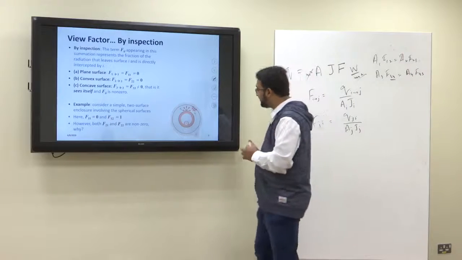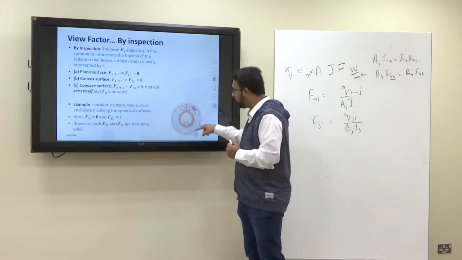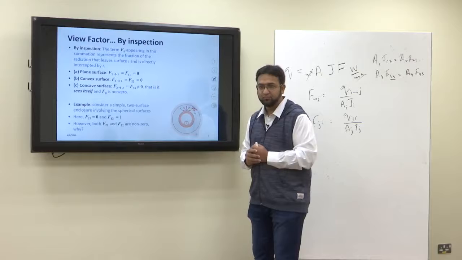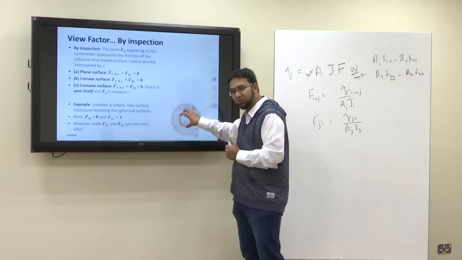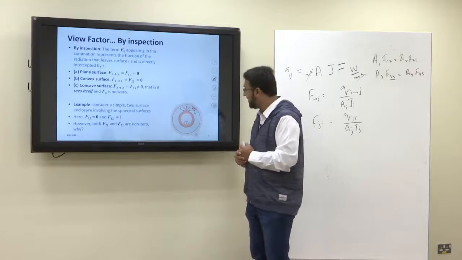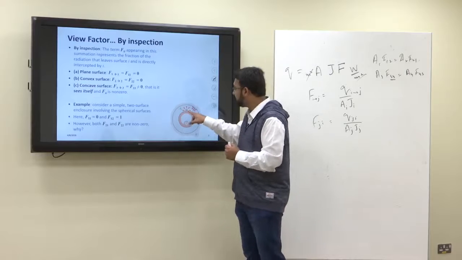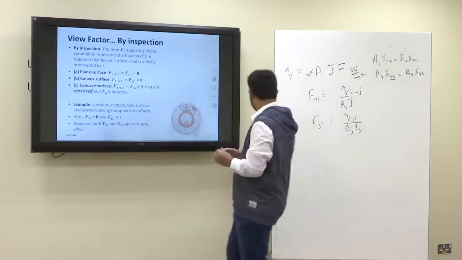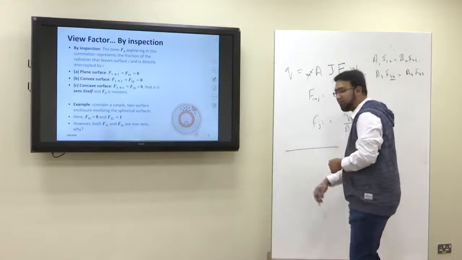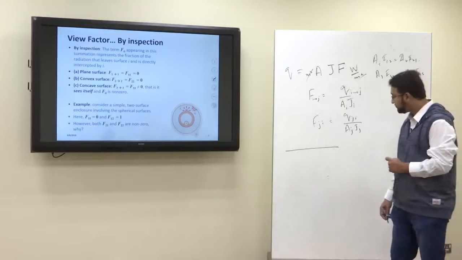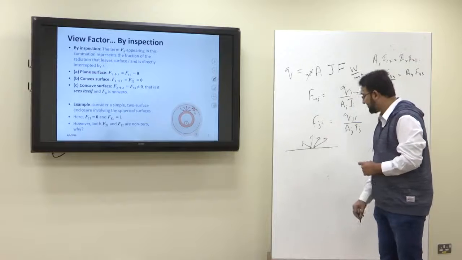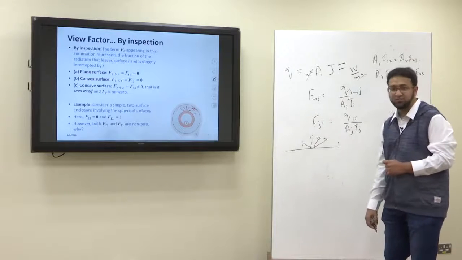For example, if I have one ball, and inside this ball I have another ball. Okay? So the amount of energy emitted, by inspection, if I have a plane surface, the amount of energy emitted by the plane surface, say this surface is 1.